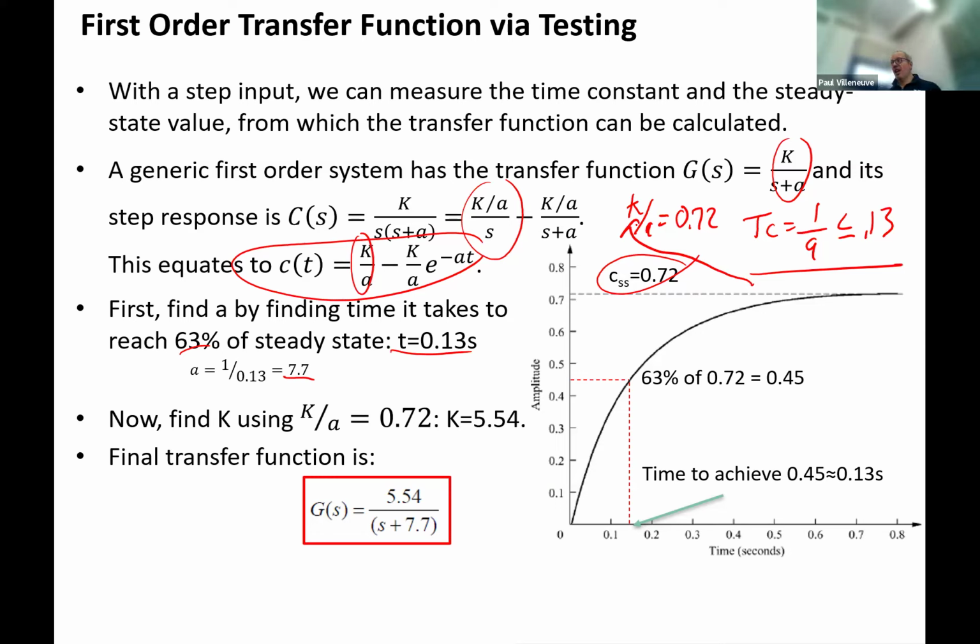So we just designed a system to meet two criteria: a steady state value of 0.72 and a time constant of 0.13. Somebody would walk up to you and say, hey, can you design this to meet these two criteria? So our final transfer function is 5.54 over S plus 7.7.